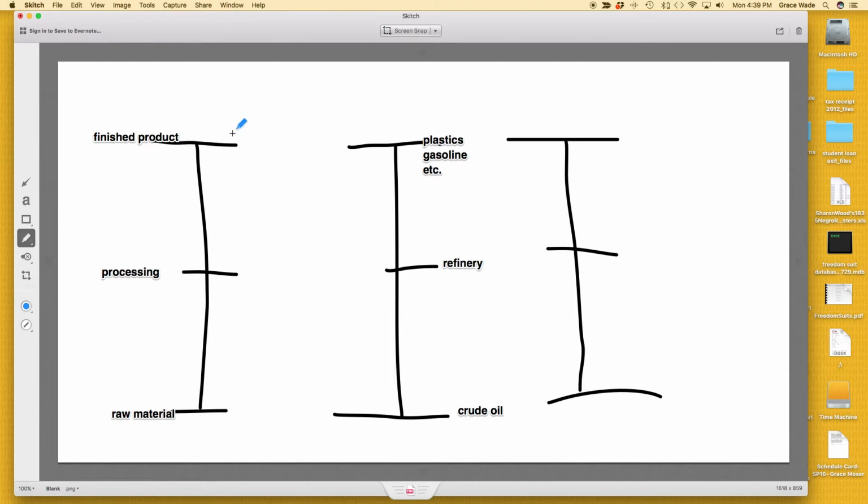So for vertical integration, Carnegie gained all the stages of production from beginning to end so that it creates this vertical pattern. And what this allowed him to do was then cut out the middleman. So he didn't have to pay someone to process his goods. He didn't have to have a separate mine to buy his product from.